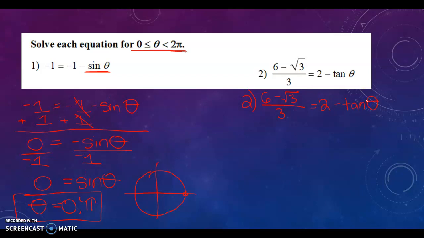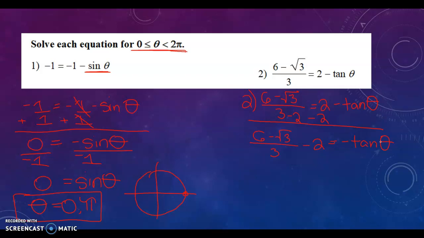We want to go ahead and get tangent theta by itself. So I can do that by subtracting 2 from both sides. I'm going to end up with 6 minus the square root of 3 over 3, minus 2, equals negative tangent of theta.